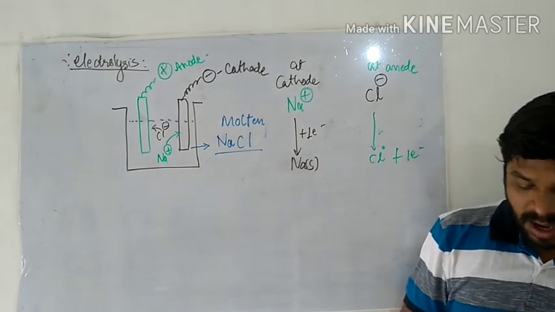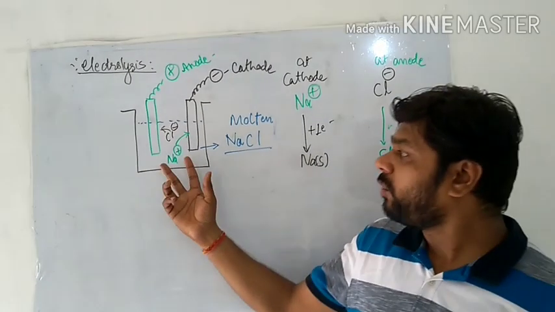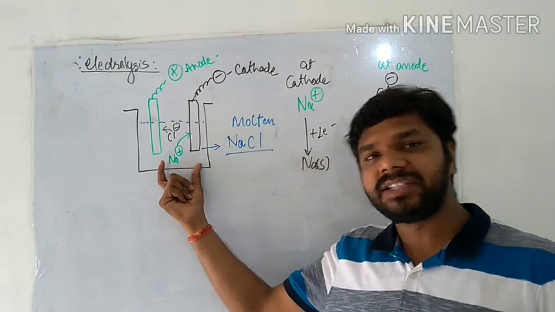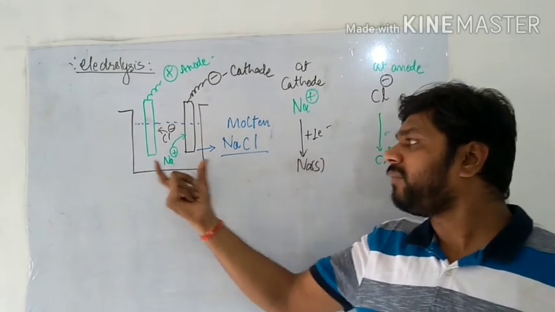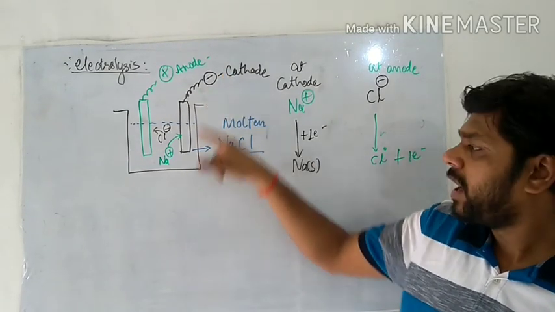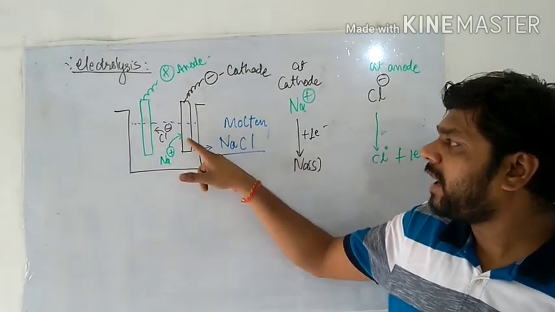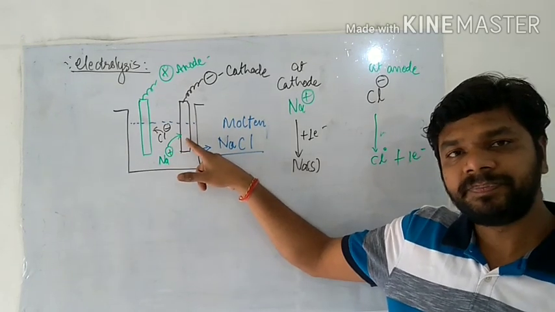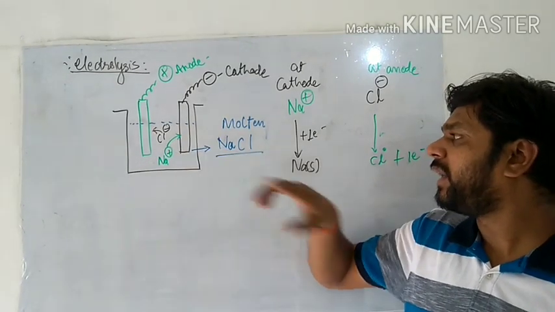Suppose we keep passing the current in this solution. On the cathode, sodium ion will continue to deposit.